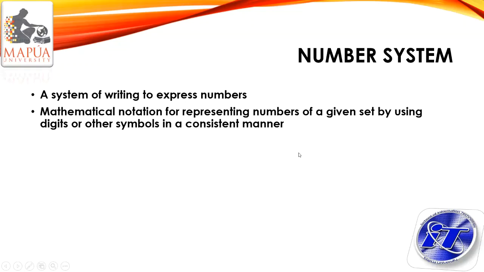So number system is a manner of how we represent, how we express our numbers. How we express how big the number is, how small the number is, what is the weight of the number. So how do we differentiate one digit from another digit?